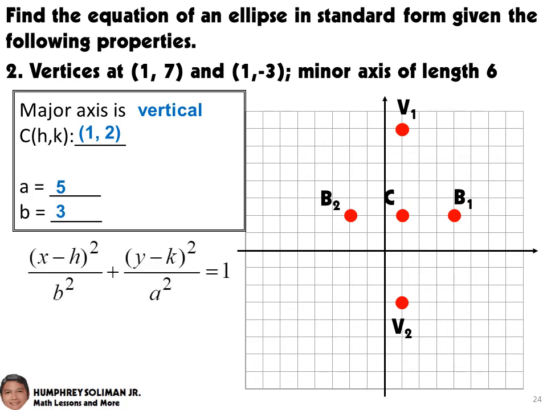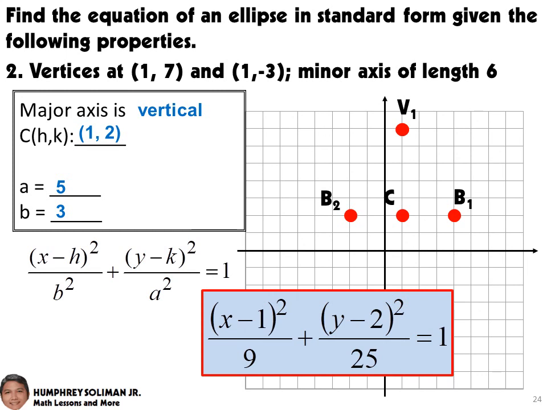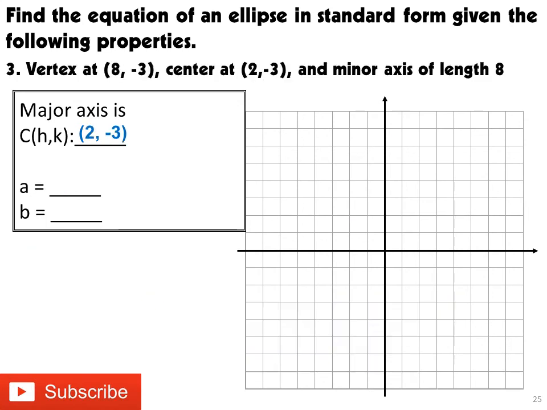Since the major axis is vertical, we will use the standard form of the equation for the ellipse with the y quantity over a squared. Then we substitute the values we got. The standard form is the quantity x minus 1 squared over 9, plus the quantity y minus 2 squared over 25, equals 1.